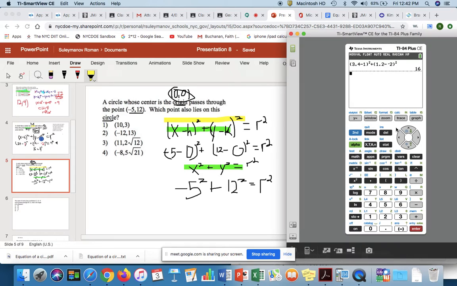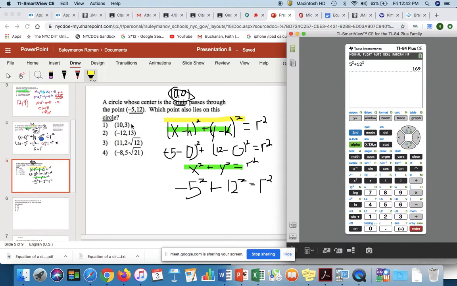And again, I'm going back to my calculator. So 5 squared plus 12 squared. That tells me what my radius squared is, and what this question is asking is, for all these other points, which one of them is going to have the same radius squared?